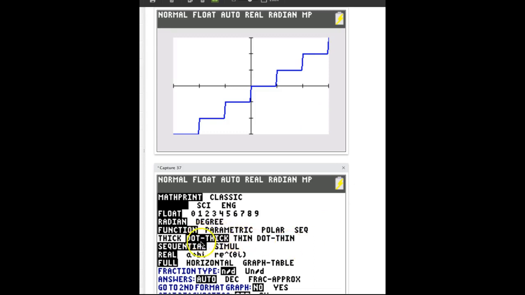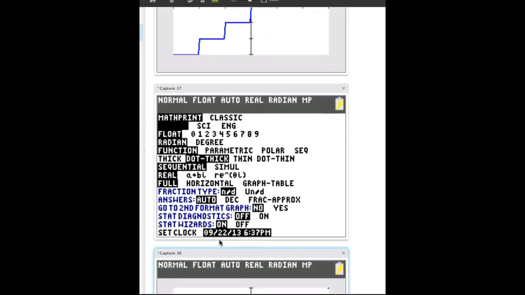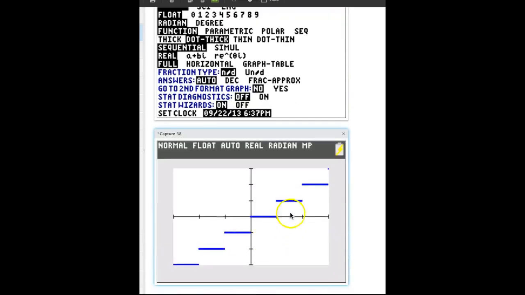So if you go to mode on your calculator, I've got a TI-84 Plus, and change it in mode to dot or thick. If you have an older calculator, just change it to dot mode. You might have to toggle on and off for it to work. Once you do that and then press graph, this is the function you should get.